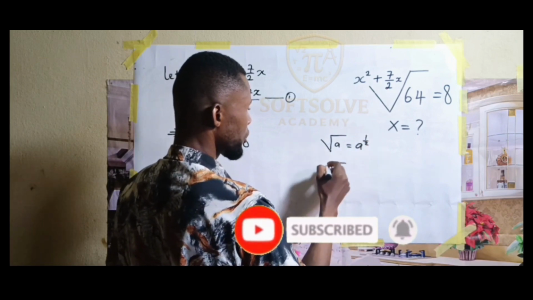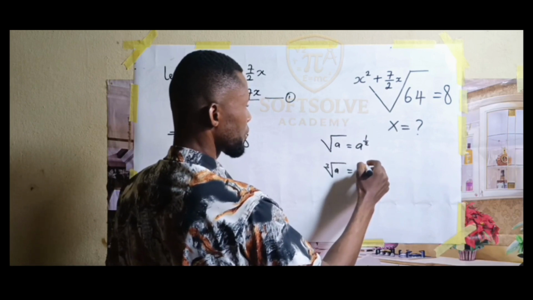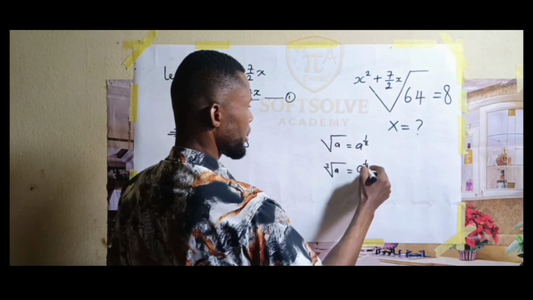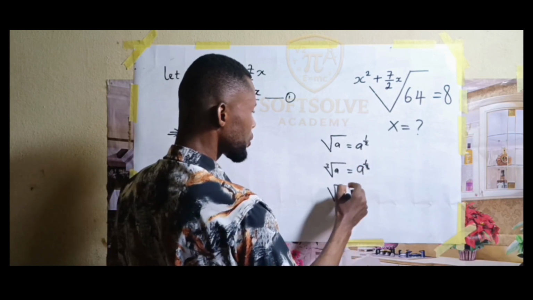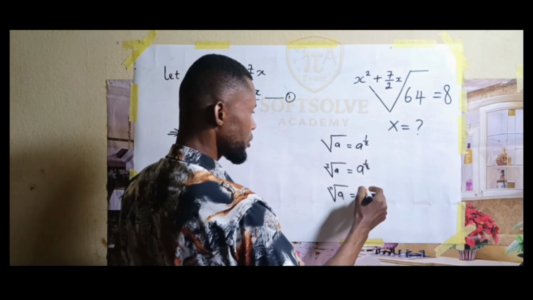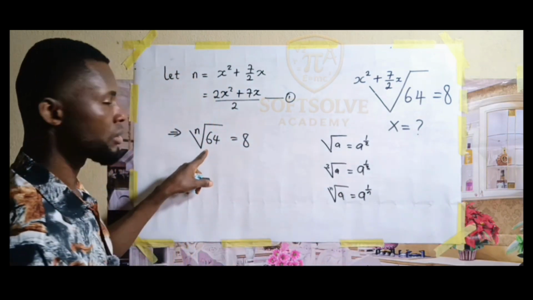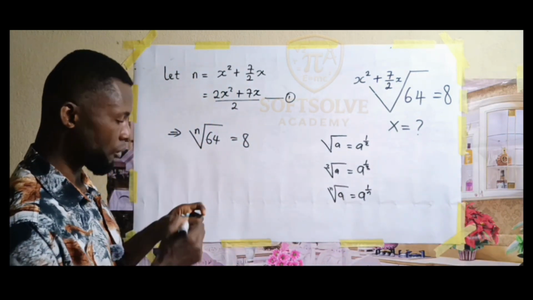The cube root of a is equal to a to the power of 1 over 3. Then the nth root of a is still going to be equal to a to the power of 1 over n. So with this, we will do something to this nth root of 64.